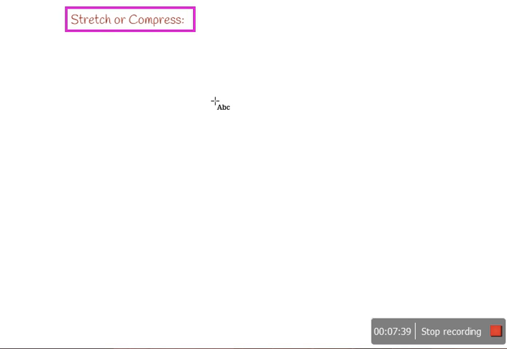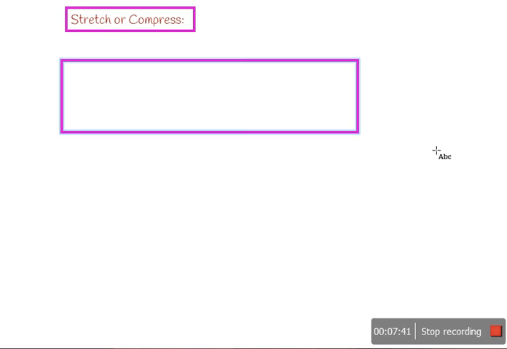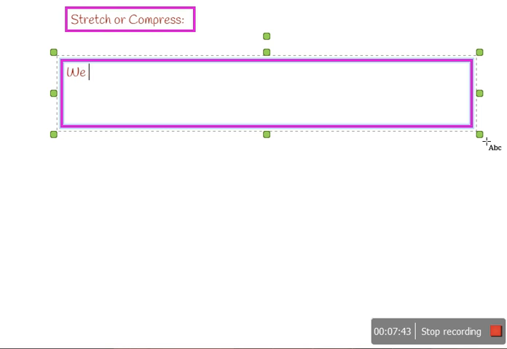That's very simple as well. We can stretch or compress the graph. Right now we are doing it in the y direction; we'll do the x direction later on.